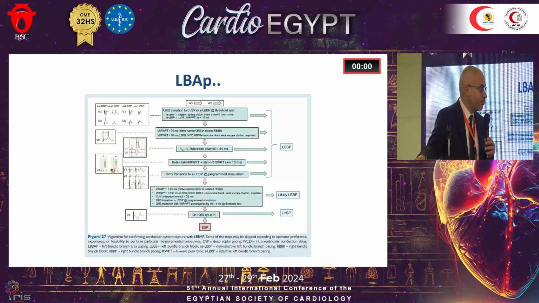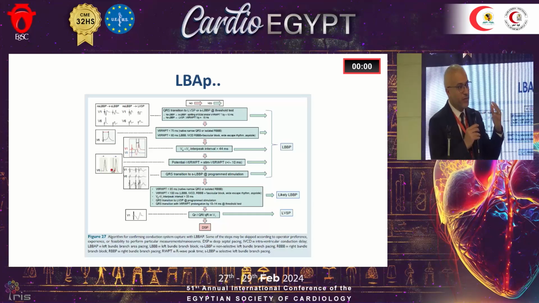About selective and non-selective, from the ECG, the longer the stimulus to peak R wave time, the more you are catching myocardium with the left bundle, and the shorter, you are definitely on the bundle. So this delay reflects the myocardium. Then we have some criteria about the terminal R wave in V1. The longer and more rounded, it's left bundle area pacing. If it is smaller, it's probably non-selective left bundle branch pacing. Okay, any question?